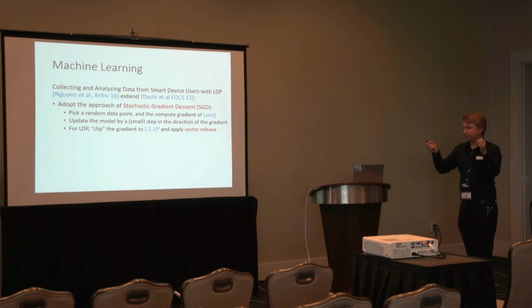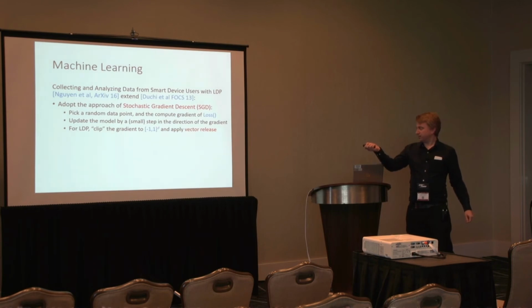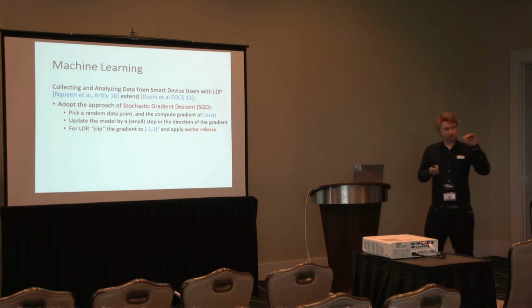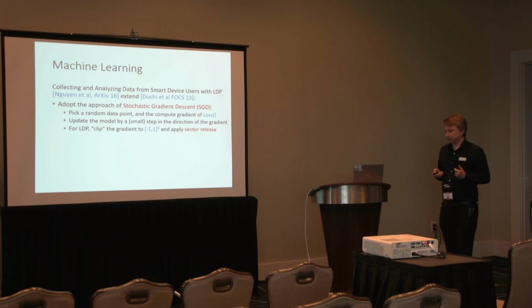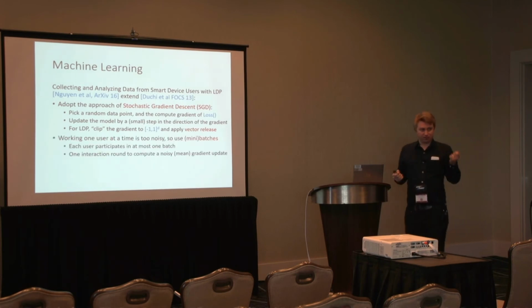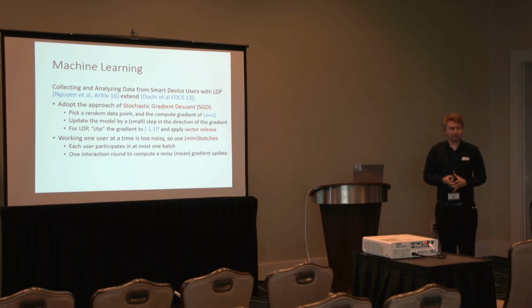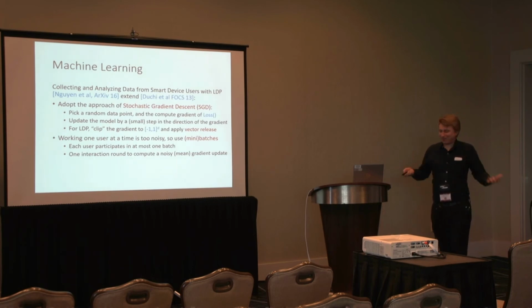There's a vector of dimension d, which is the dimensionality of the data. So tell me about that gradient. Okay. Well, if I do it one user at a time, that's not going to be very good because I'll get mostly noise. But I can do a bunch of users at a time, and that's good because it's got a name in machine learning. It's called mini batch.